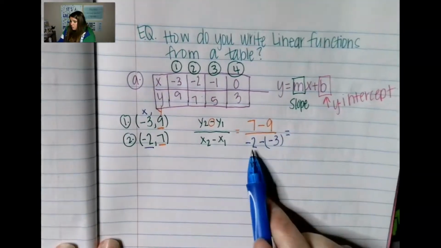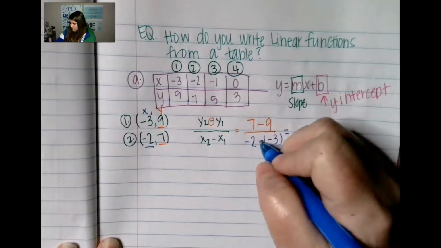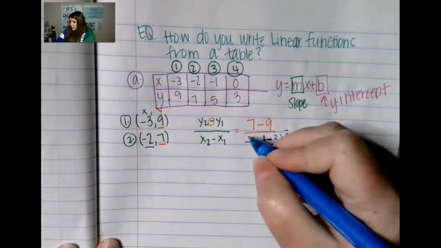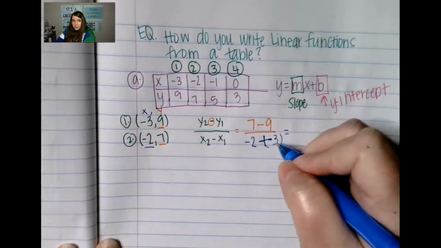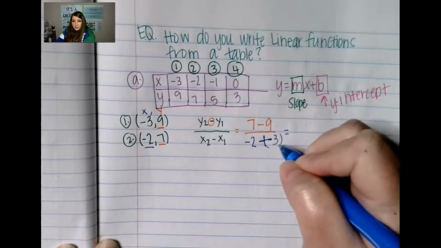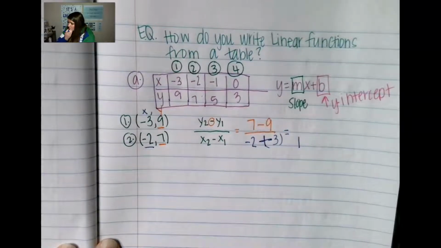Well, we know when we have a negative and a negative, this is really a positive. So if I have -2 and I add 3, this gives me a 1.